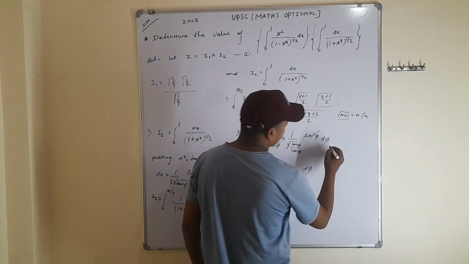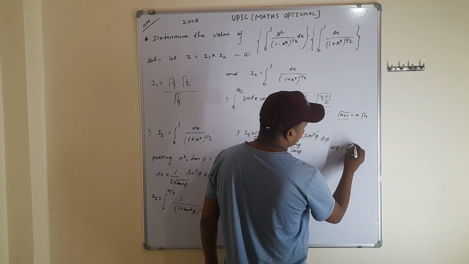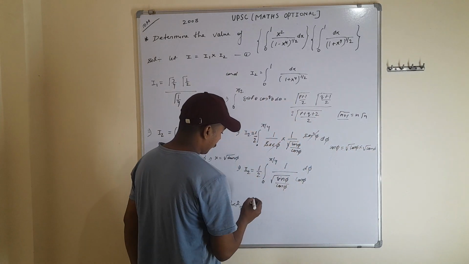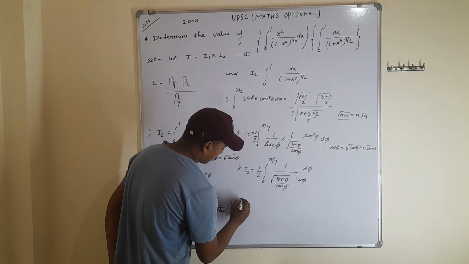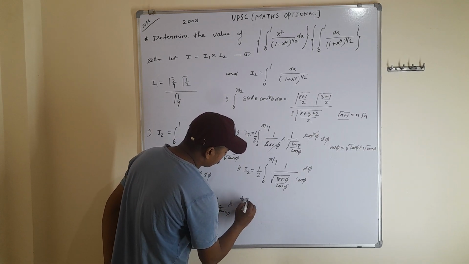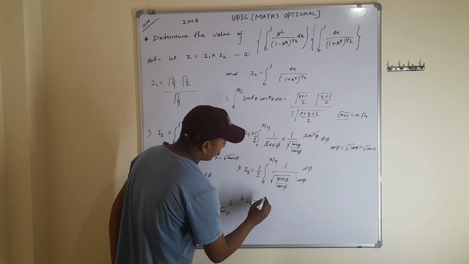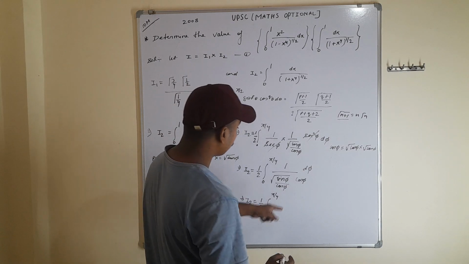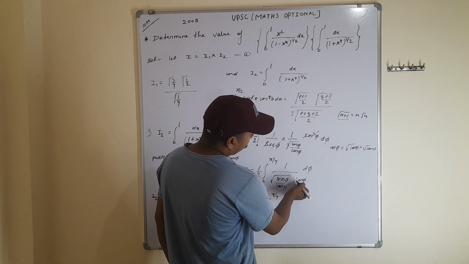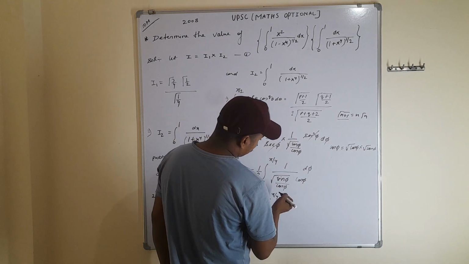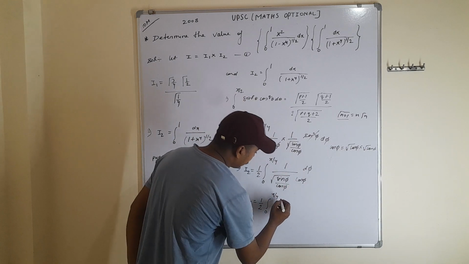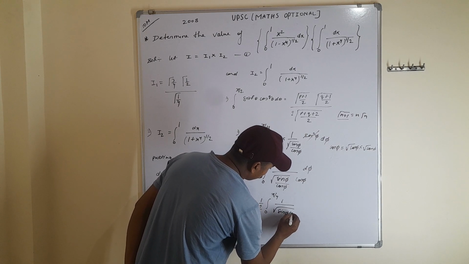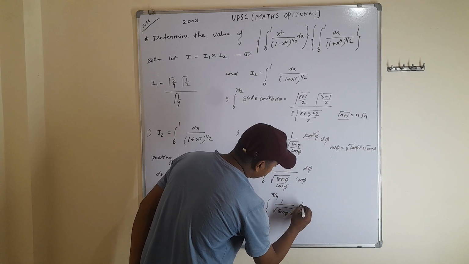Cos phi is written as root cos phi into root cos phi, then I2 is equal to 1 by 2, limit 0 to pi by 4, root cos phi into root cos phi, the root cancels out, that is remaining 1 upon root sin phi into cos phi d phi.